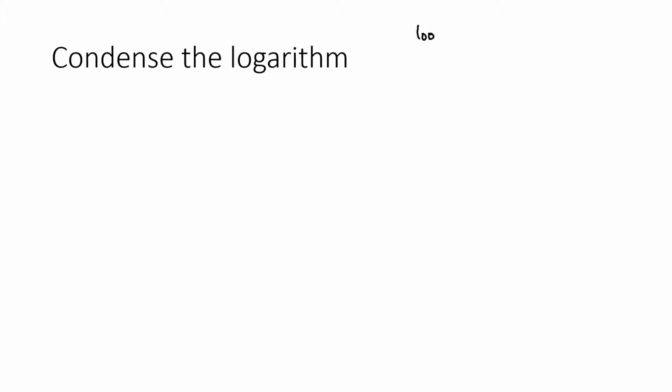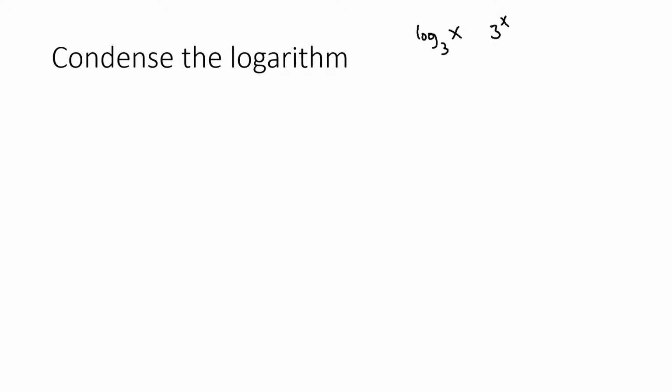Remember that if we had log base 3, and even though we're using 3 here, we could use really anything. If we said log base 3 of x, this is a logarithmic function, its inverse would be 3 to the x.